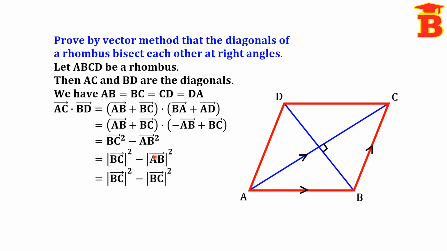So we can replace AB vector by BC vector. So we get same vectors' squares, subtracting this we get 0. So now we have got AC vector dot BD vector equal to 0. That means the vectors are perpendicular. Therefore AC vector is perpendicular to BD vector. So we have proved that the diagonals bisect each other at right angles.